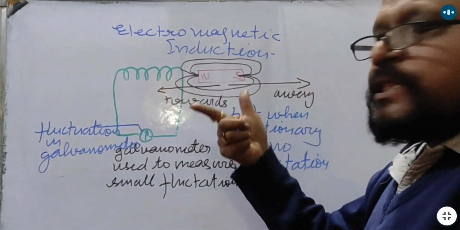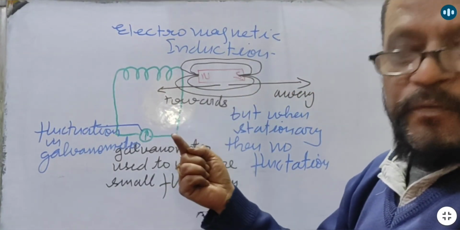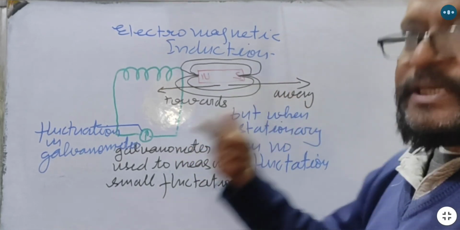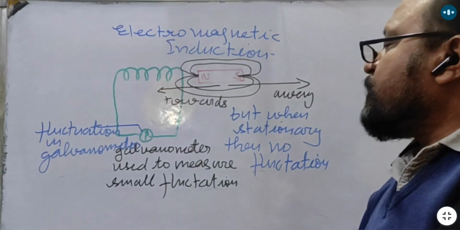And in this, either the magnet is moving or the coil is moving. That does not matter. Fluctuation is there, right? So this was the initial thought.